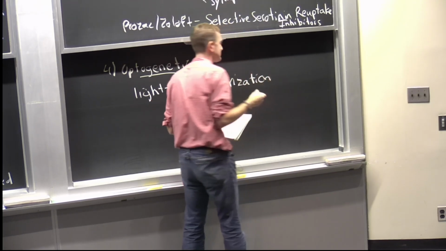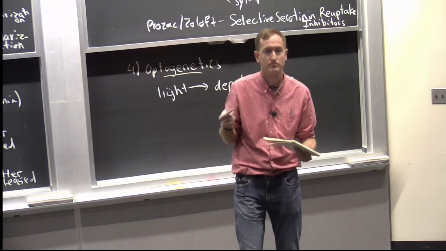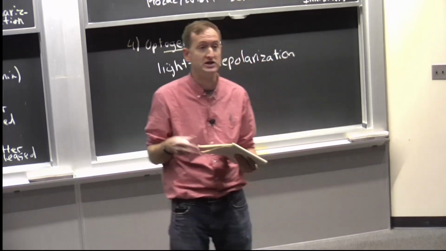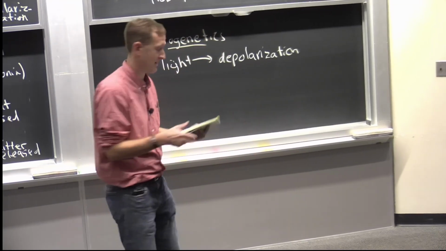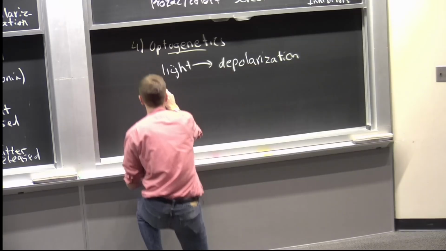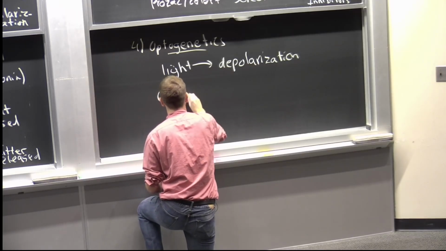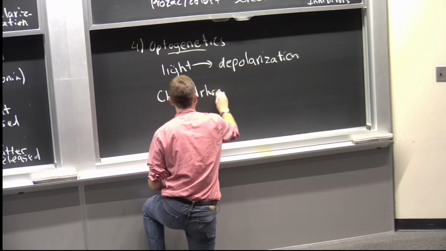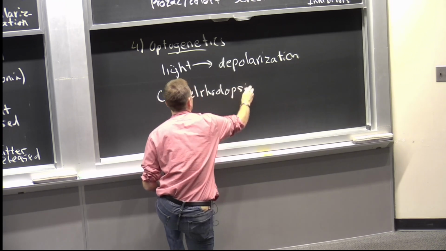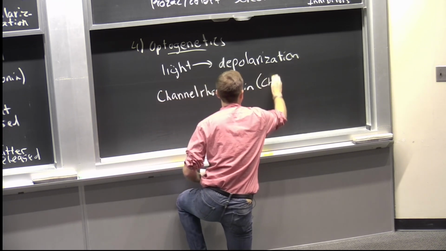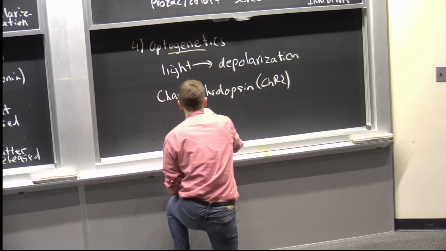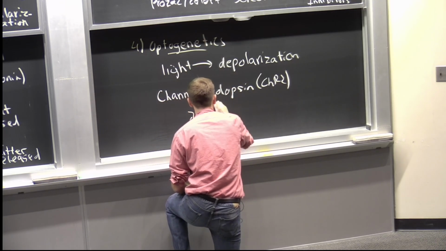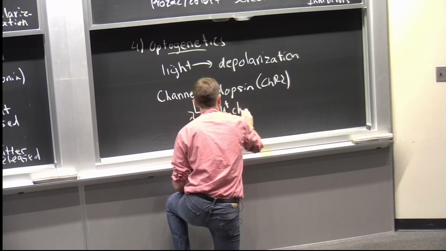And the way this is done is there's a protein discovered from photosynthetic algae that's responsive to light, and it is a sodium channel. And this protein is called channel rhodopsin, specifically ChR2. And this is a light-sensitive protein where light induces sodium channel opening.